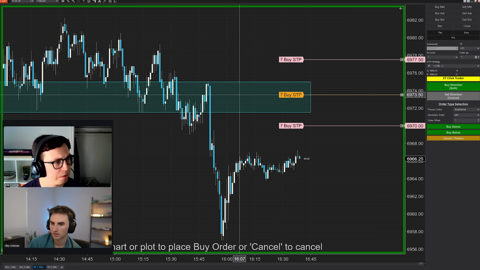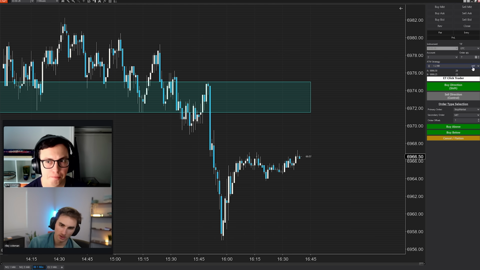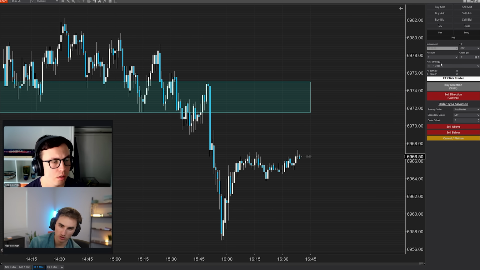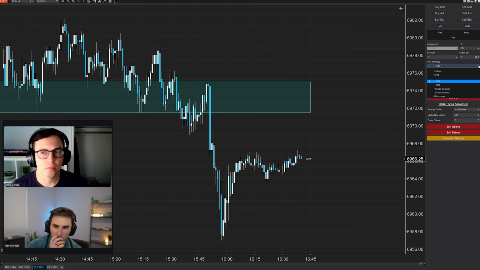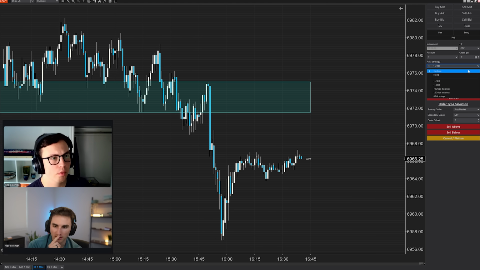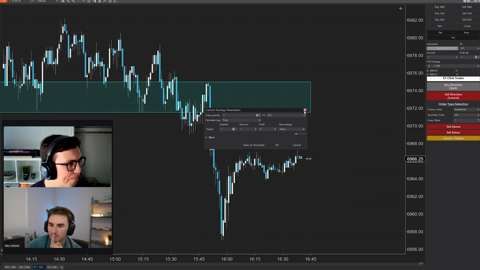It's not doing it. Oh, you don't have an ATM. This, I'm assuming, says none. Oh yeah. Okay. Sorry. I think your option will be to use this drop down menu, click custom, and it should bring this up. You don't need the order quantity, you don't have to mess with that. Change the parameters to ticks, and then your stop loss and profit target.